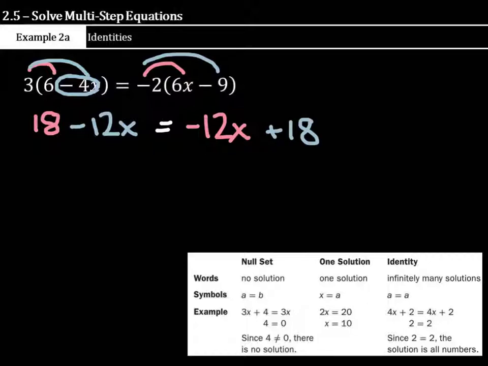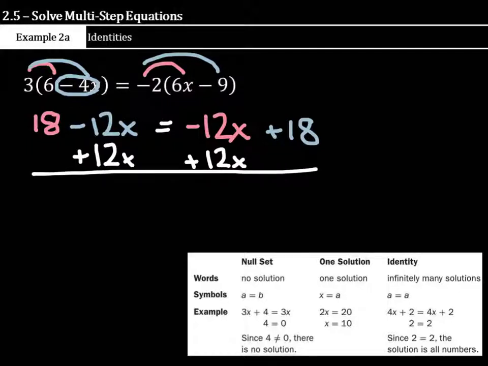One of the first things we want to do when we have a variable on the left side of the equation and a variable on the right side of the equation is to move one of the variables over. Well, we can do that by adding 12x to both sides. And you might ask, well, which one are we actually adding? Well, does it make a difference here?